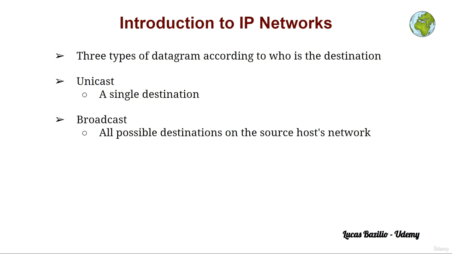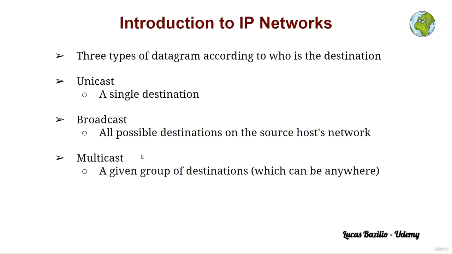If the datagram goes to all possible destinations on the source host's network, this is called a broadcast datagram. And finally, if the datagram goes to a given group of destinations, which can be anywhere, this is called a multicast datagram.